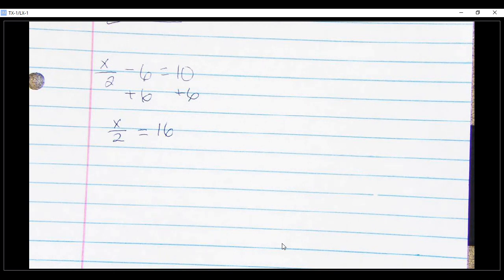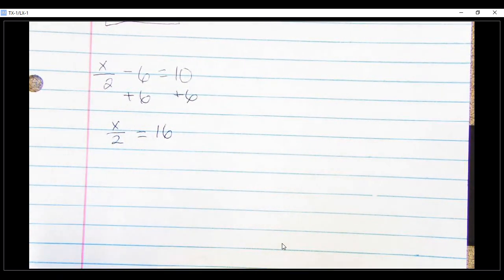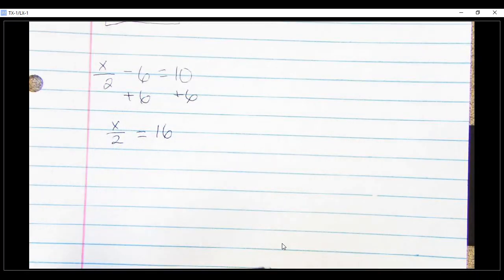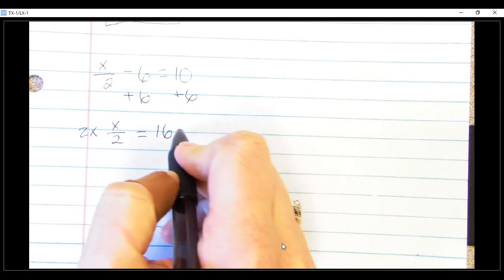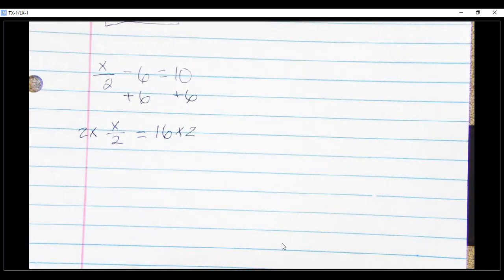And there we go, we're back at our one-step problems again. So what I need to do now is get rid of this dividing by 2, because that x just wants to be by itself. Since it is dividing by 2, I need to do the opposite operation, which is going to be multiplying. And what you do on one side of the equal sign, you have to do to the other.